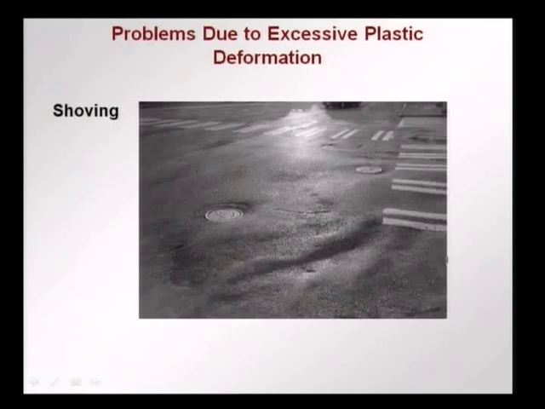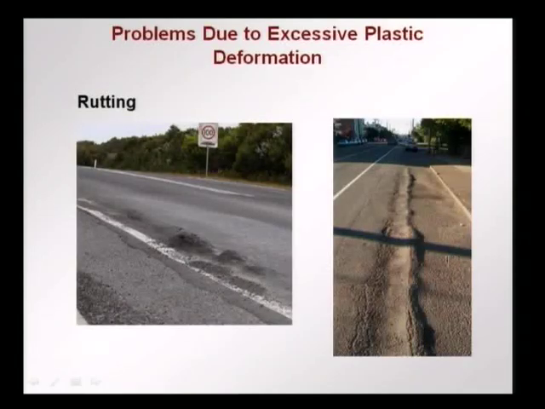This is called shoving. Then we have something more common, which is rutting, where we have the tires always following a certain path along the length of the asphalt, and at higher temperatures or high bitumen contents, inadequate mix design, we can have a ditch now forming along the length of the road where the tires have been travelling, and there is a pile up of asphalt on the sides of this ditch or rut.